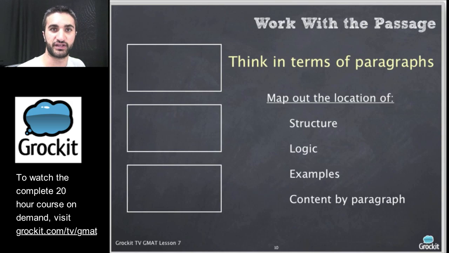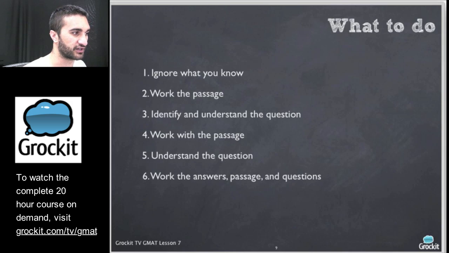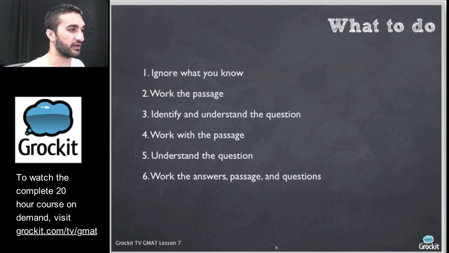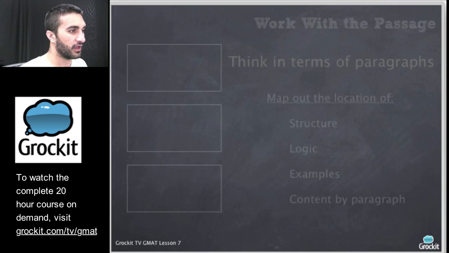Most passages are pretty readable in a couple of minutes, and if we focus on how we're reading, we can really get through them quickly and pull out what's important. I don't really ever remember too much other than what I've written down after I read a passage, and that's okay. It gives me enough of the location of information and the things that we talked about over here to get what I need to answer the questions.